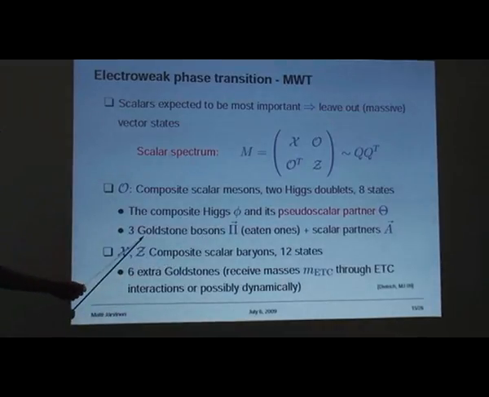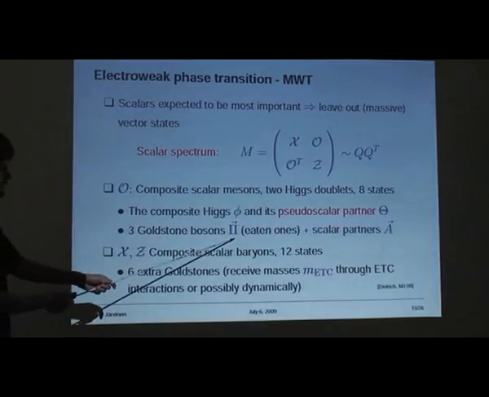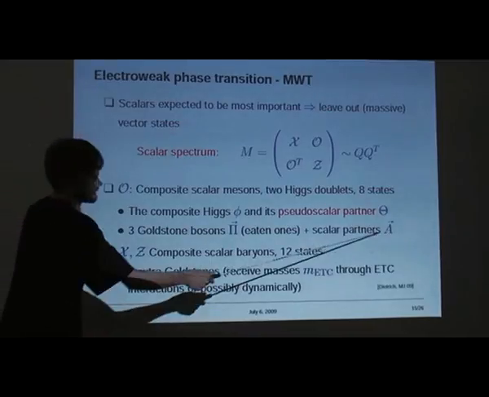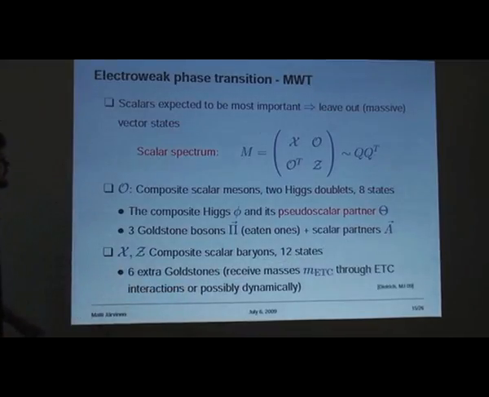And then you actually have the Goldstone bosons, which will be eaten by the standard model gauge bosons, such that they become the longitudinal components of the Z and W's. And these also have some scalar partners.